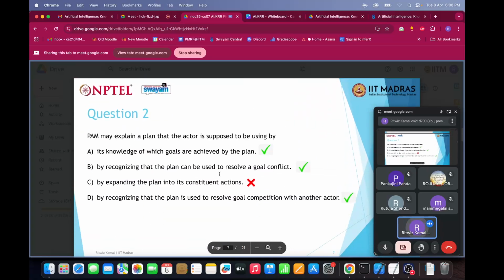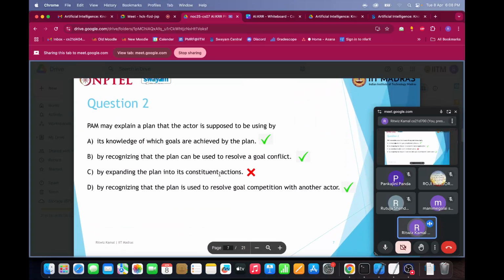Because there is no place in the explanation process in which there is a mention of expanding a plan into its constituent actions. This is also kind of a recall based question.